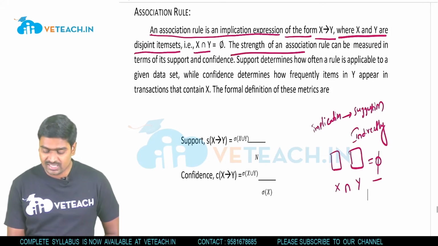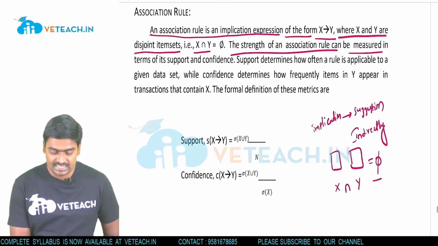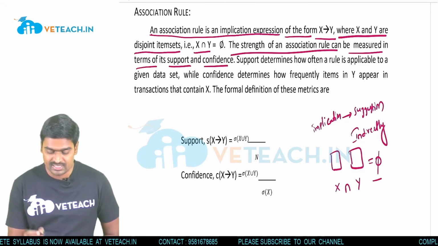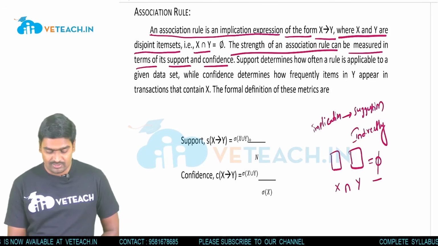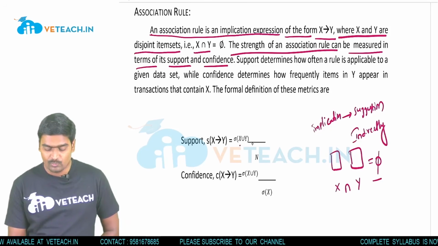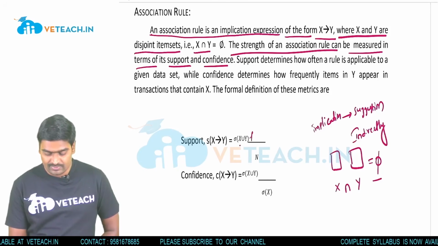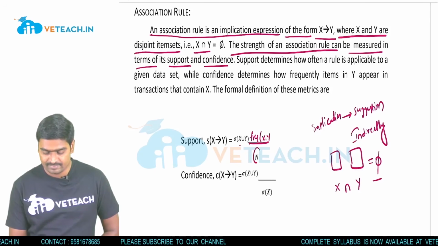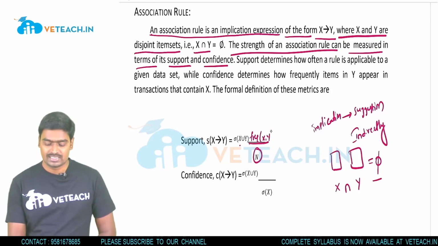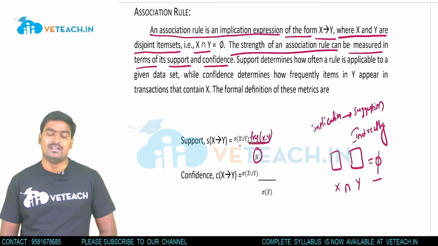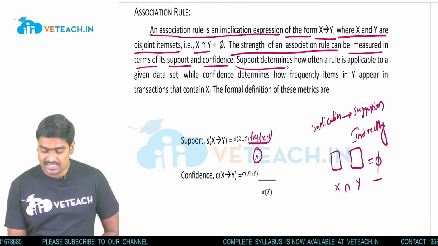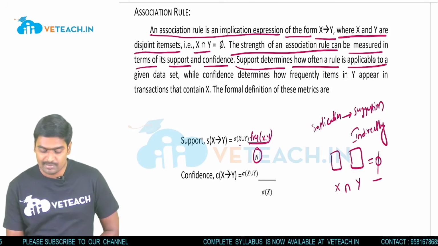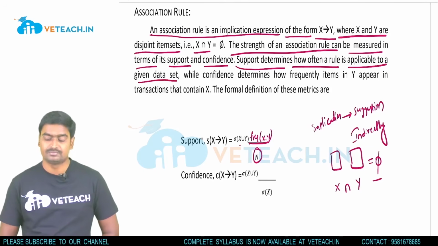The strength of an association rule can be measured in terms of support and confidence. What is the meaning of support? Support is the frequency of X union Y, that is frequency of X comma Y, divided by N. Support determines how often a rule is applicable to a given data set.